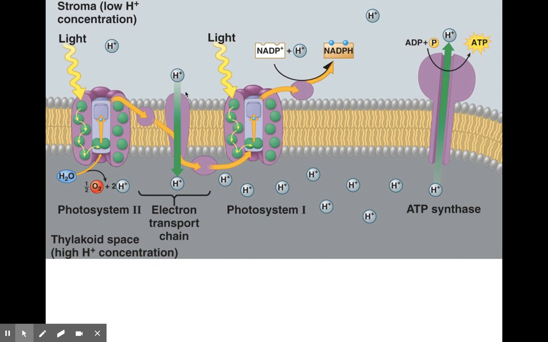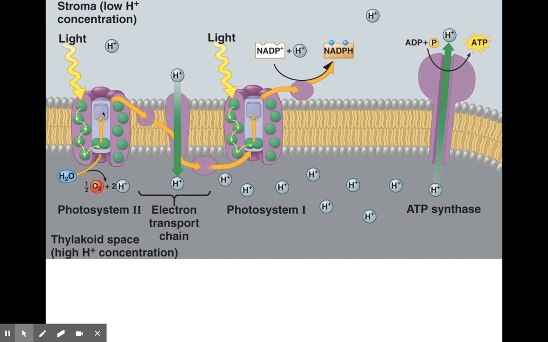While they're being passed through, hydrogen ions are being pumped through the electron transport chain from the stroma into the thylakoid space. Those electrons continue on, are passed to these two chlorophyll A molecules. These two chlorophyll A molecules jump up to this primary electron acceptor in photosystem 1, and then those electrons are passed on to NADP+ to make NADPH.